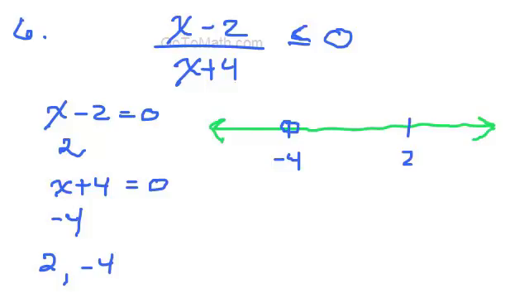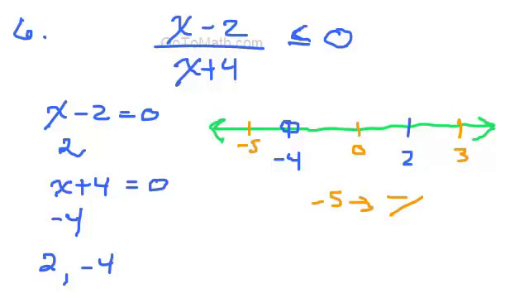So let's go ahead and choose our test points. We have negative 5, of course we always use 0 if we can, and we'll use 3. So you take negative 5 and plug it in at the top, in the numerator, and you get negative 7, so it's a negative number.